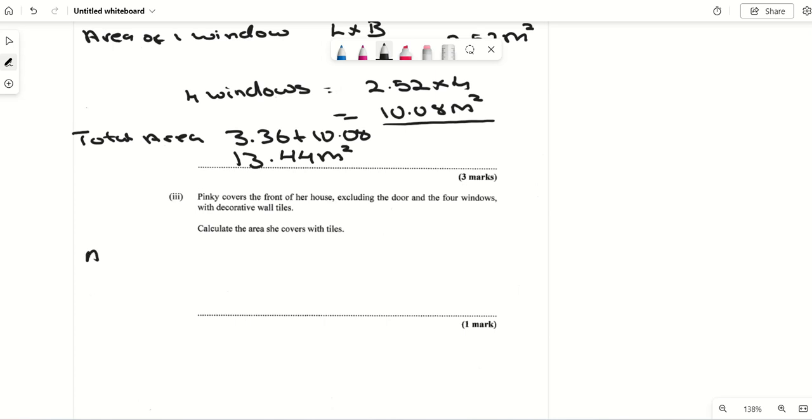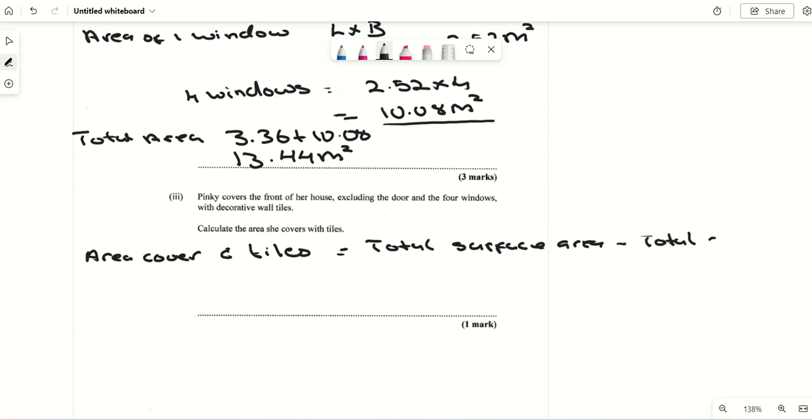So the area covered with tiles would be your total surface area, which is the answer we got in the first one, part 1, minus the total area of your 4 windows and 1 door, right?